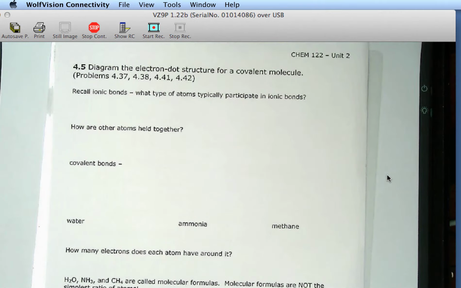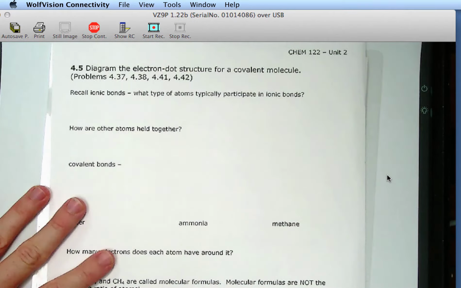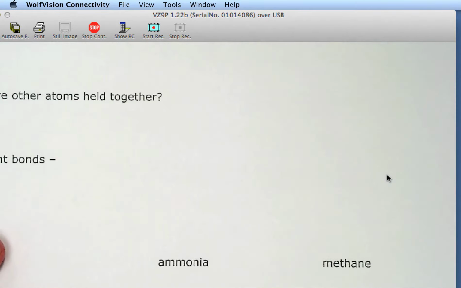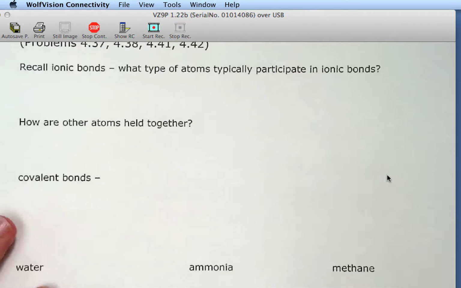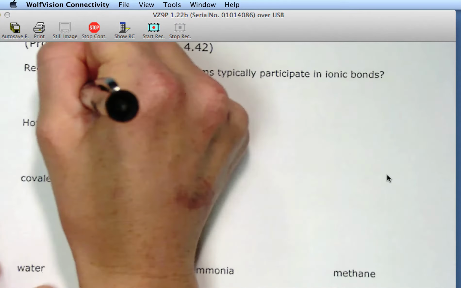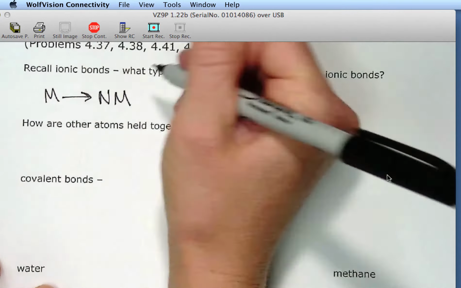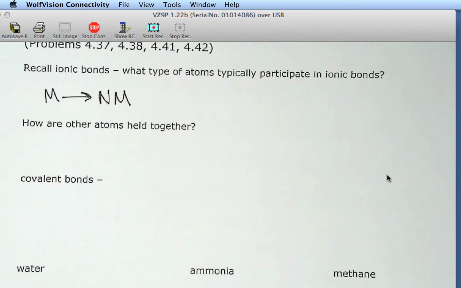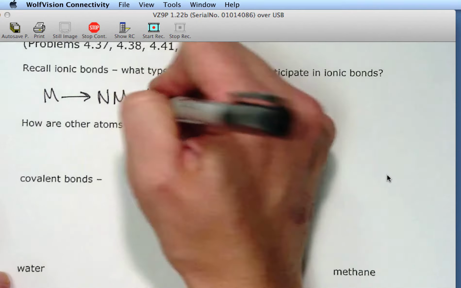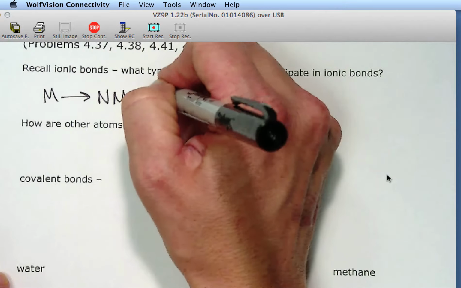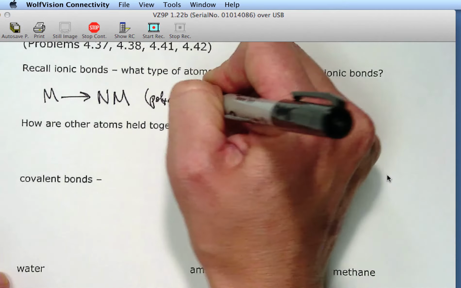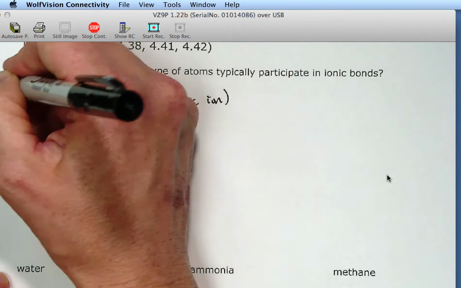Metal to non-metal. Or, depending on what you're dealing with, you could have metal to polyatomic ion, or polyatomic ion to polyatomic ion.